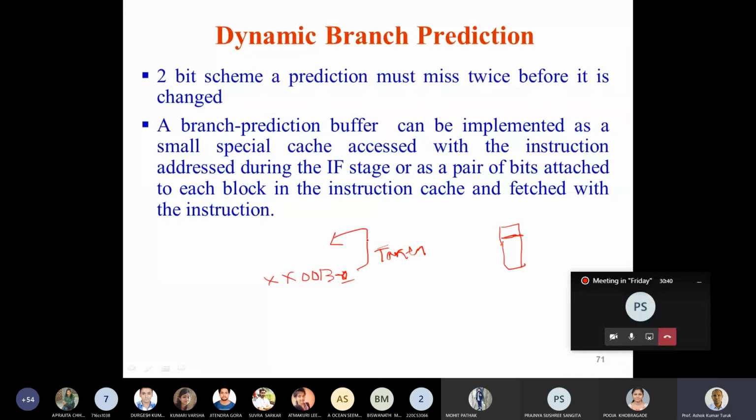It has to come out of the loop, so it will execute the next statement after this loop. This is instruction I, and the next is instruction I plus 1. In the last iteration also you predict taken, but the outcome of the branch has to go out of the loop. So the prediction goes wrong; this has to be not taken.